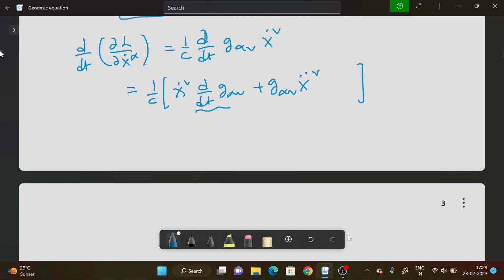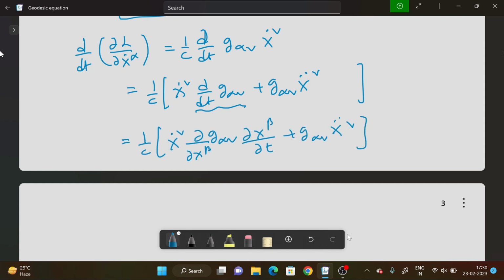Now what about this thing? This thing looks complicated, but then we can assume that the metric tensor is a function of some other variable beta, and then we can use the chain rule to write it in somewhat this fashion. It's going to be d upon dx beta of g alpha nu, and then we'll take the derivative of x beta with respect to time, and we are left with this.